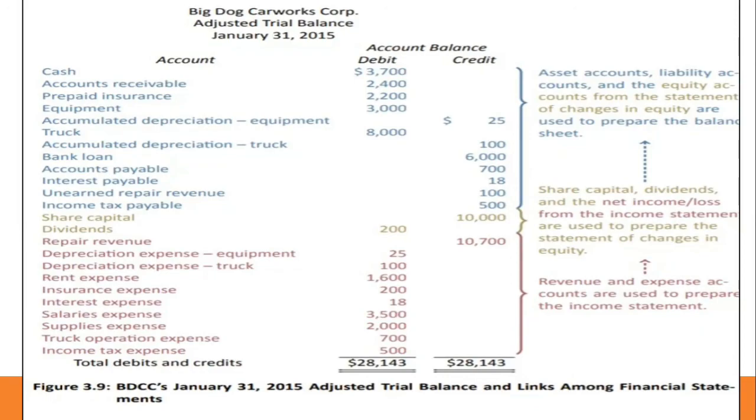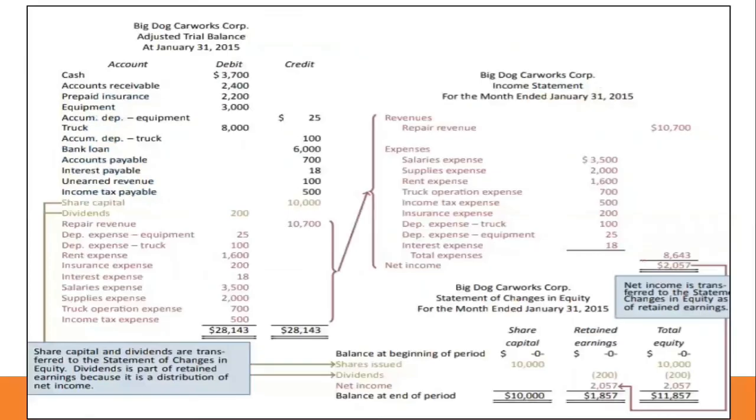So as you can see in the left portion, that is where the adjusted trial balance of the company should be located. And on my right portion, the very first financial statement that was generated using the adjusted trial balance information was the income statement.